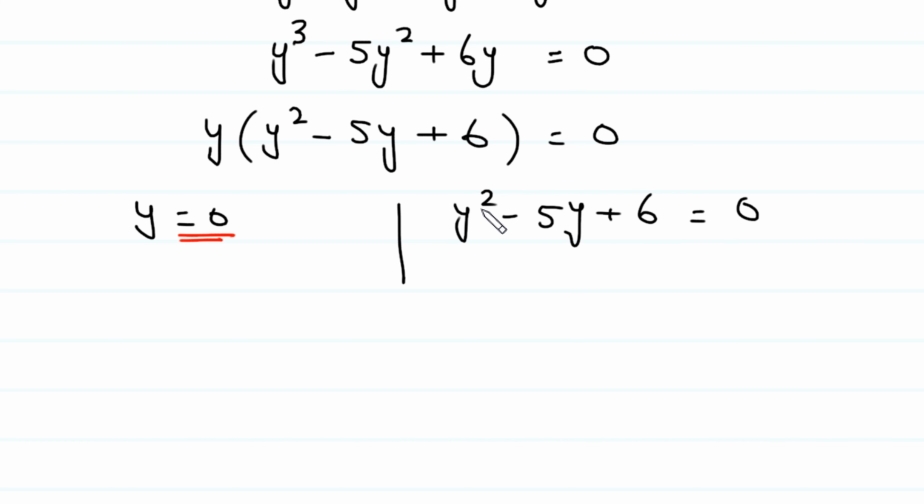This equation can be solved by factorization. We have to find two numbers whose product is this plus 6 and whose sum is this negative 5. Minus 2 and minus 3 are two numbers whose product is plus 6 and whose sum is negative 5.